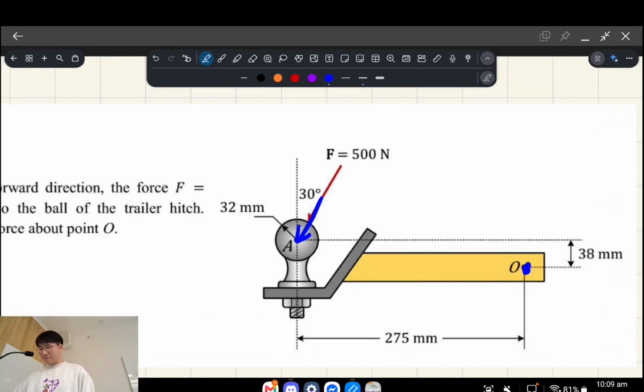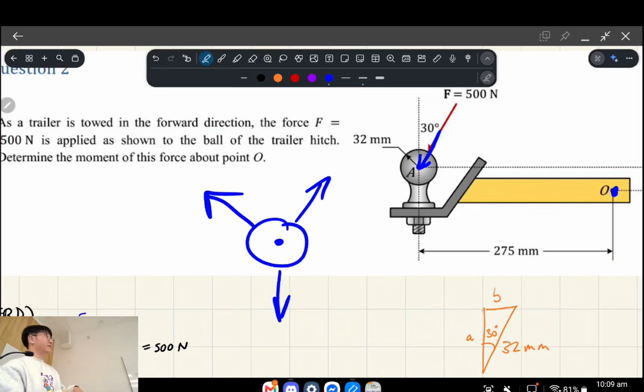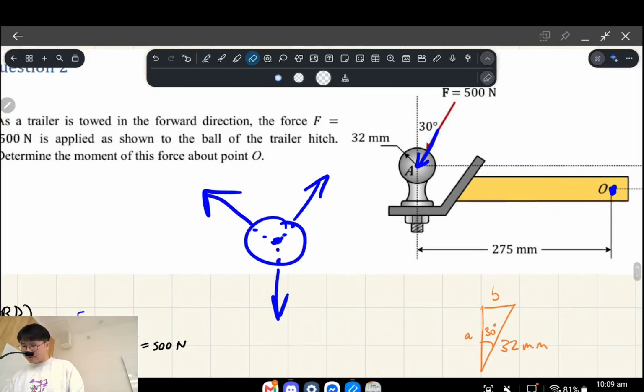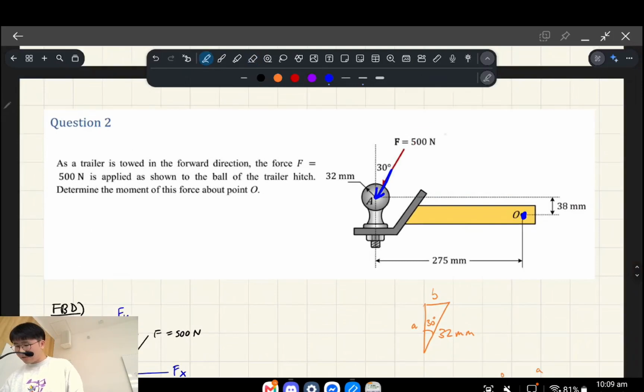In the previous week, with particle equilibrium, you might have seen a ball with forces applied, and as long as they coincide with the middle, you don't have any moments, and it's the same force equilibrium.